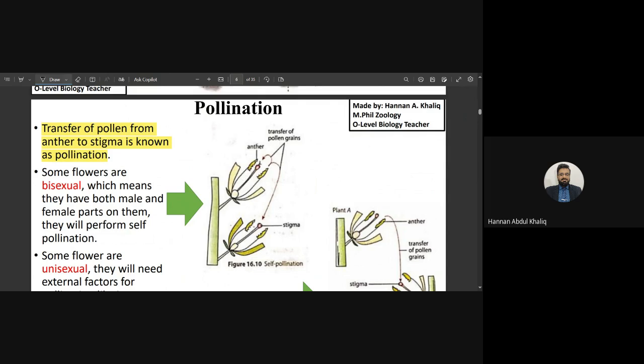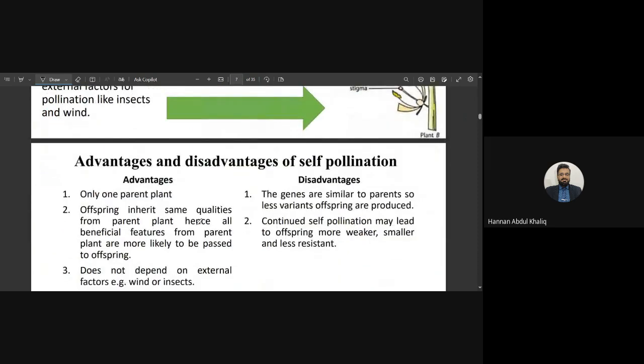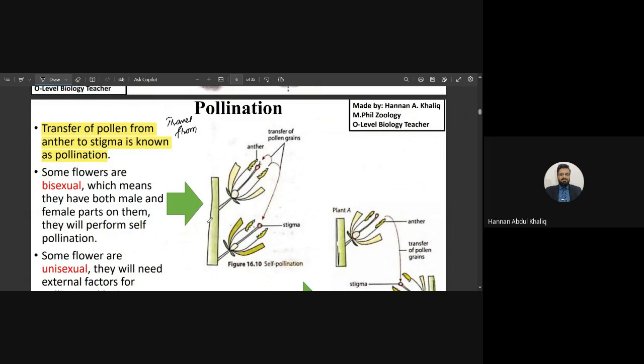Now, it is very important to know that the travel from anther to stigma is risky based on many factors.